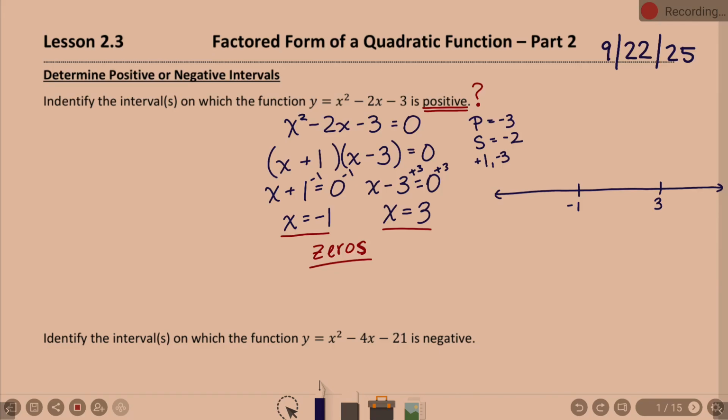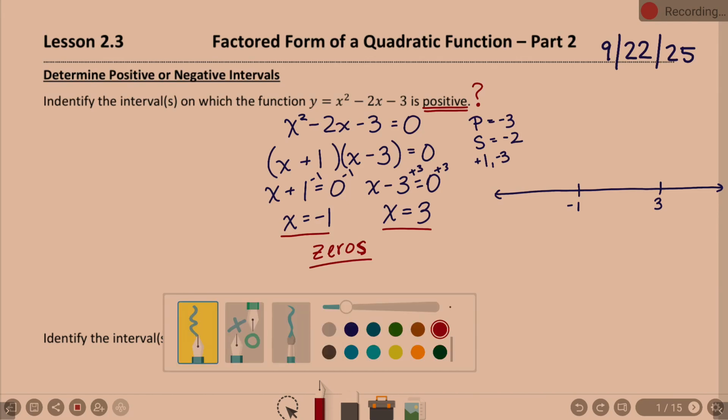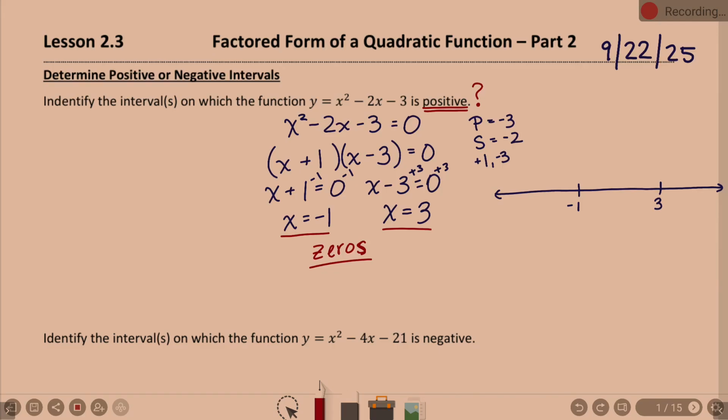Are there other ways we can eventually do this? Most definitely, but I'm trying to get us through the idea here. So, left of -1, what's a number that is left of -1 that I could use to test this interval? Okay, -2.